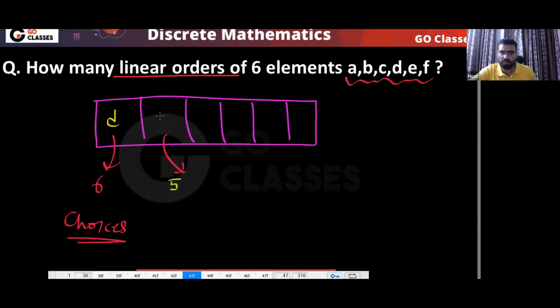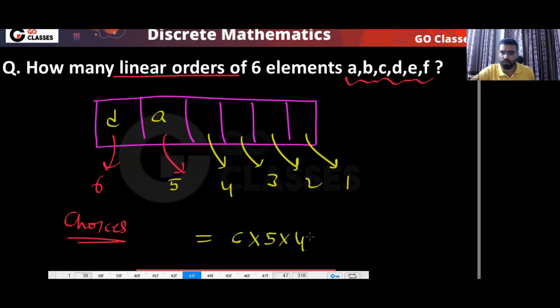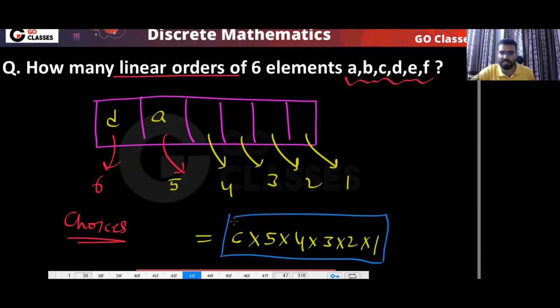Let me put A, now only 4 choices, 3 choices, 2 choices, 1 choice. So the answer will be 6 into 5 into 4 into 3 into 2 into 1. This is known as 6 factorial. After some time, we will see this.